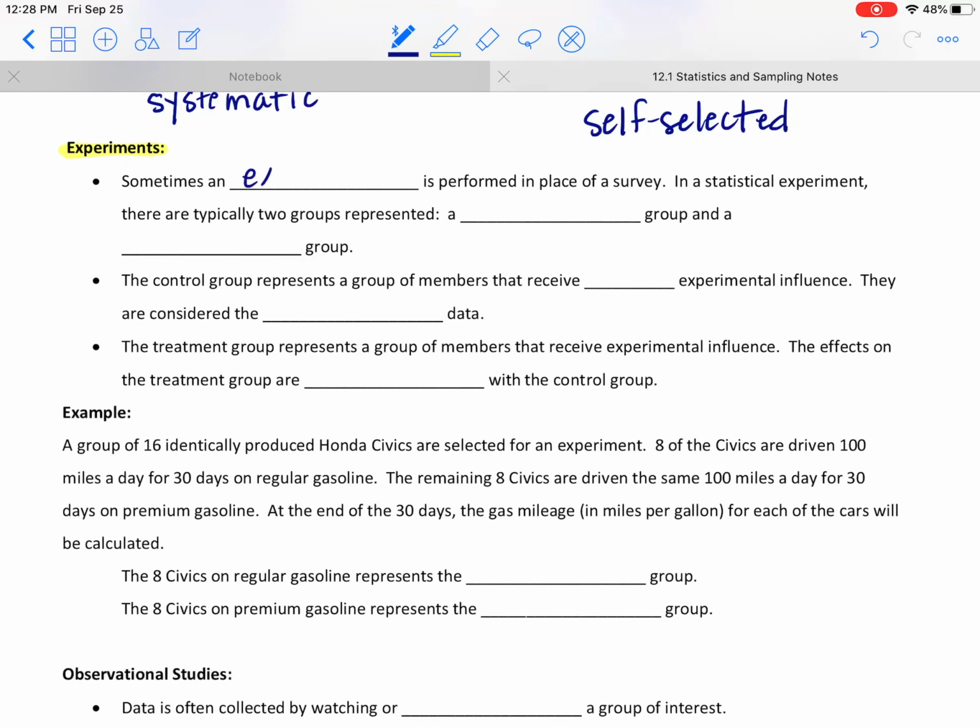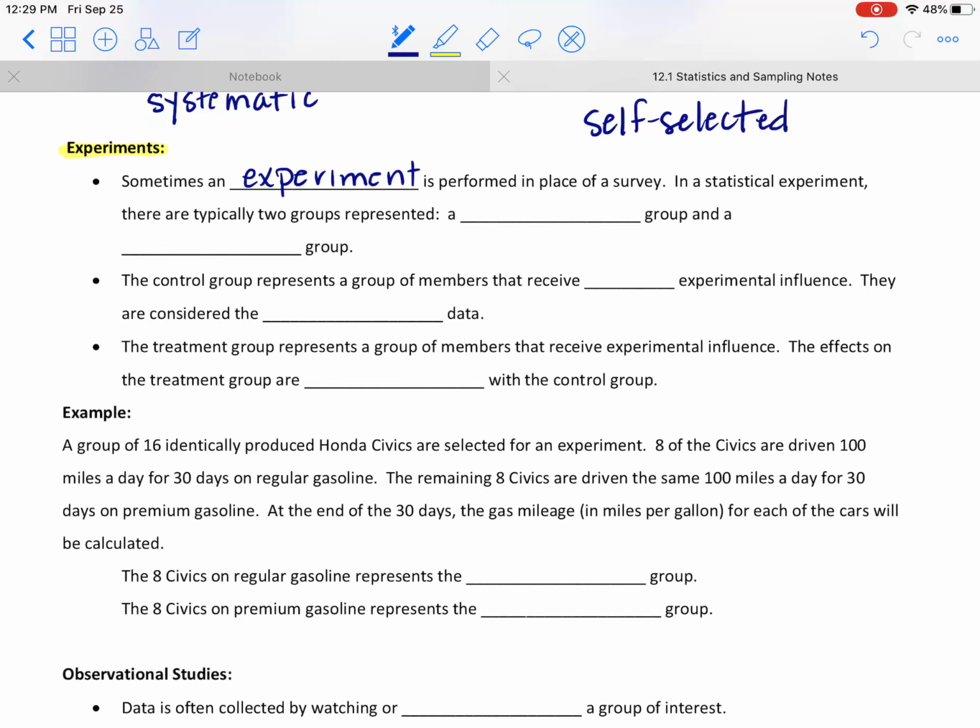So in an experiment, sometimes an experiment is performed in place of a survey. Now, why would we want to experiment versus survey? What kind of situation would an experiment be more appropriate than just a survey? I'm thinking about anything medical related.